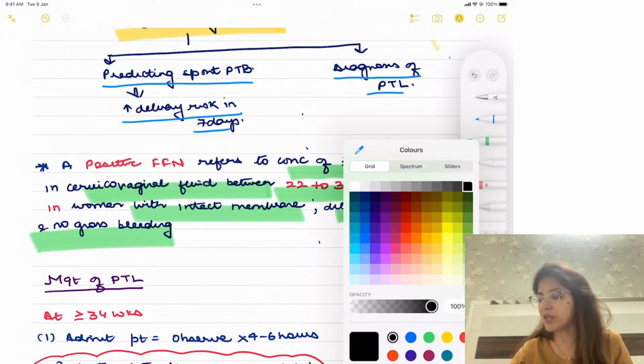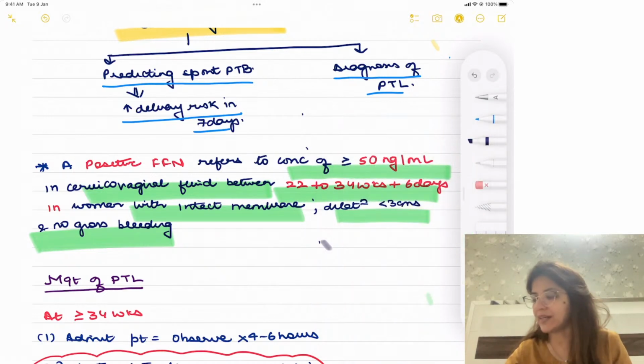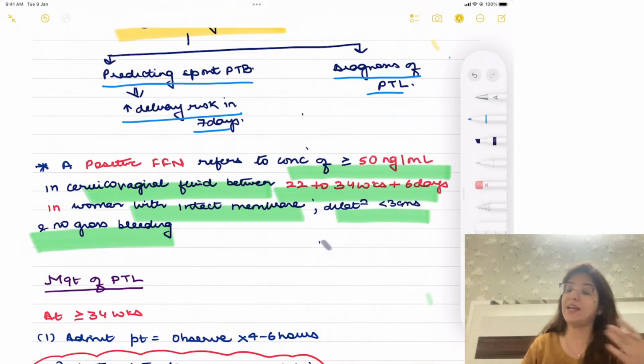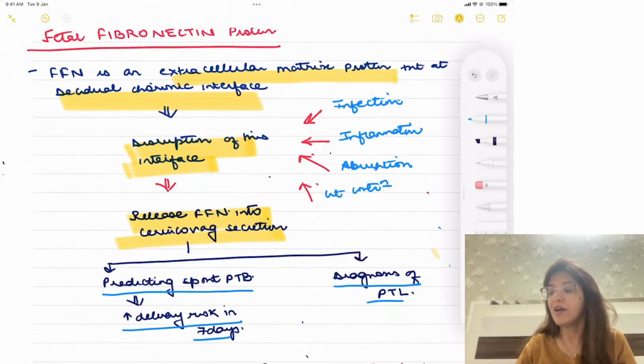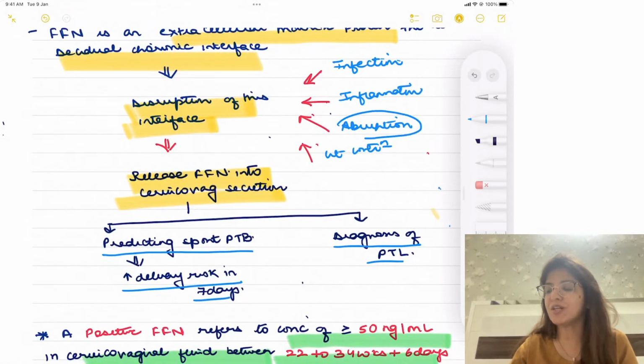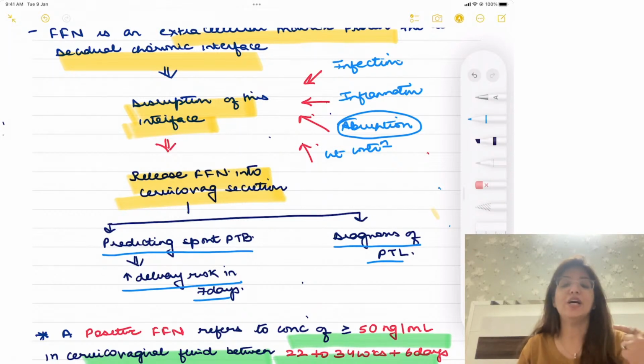So in all those patients where membranes are intact, in all those patients where dilatation is less than 3 centimeters, in all those patients where there is no bleeding, why am I ruling out these things? Because abruption can also lead to an increase in fibronectin in cervicovaginal fluid, right?